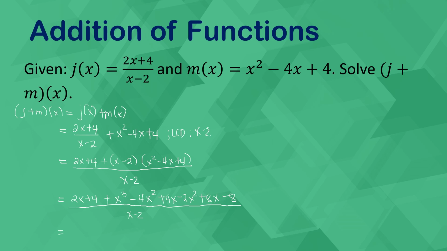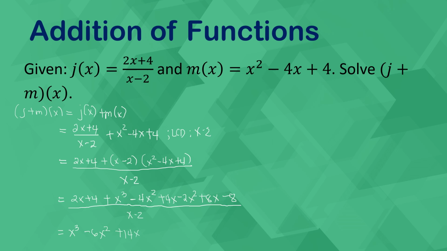The final answer will be x cubed. We have here negative 4x squared minus 2x squared is negative 6x squared. 2x plus 4x is 6x plus 8x is 14x.